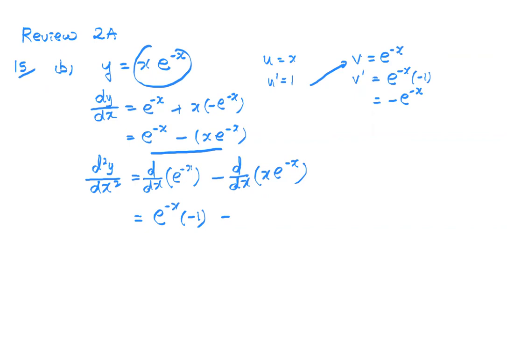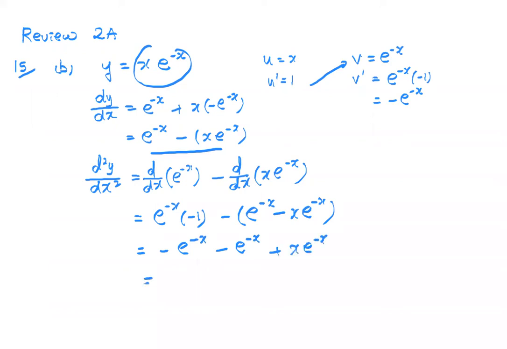So the derivative for this is e to the power negative x minus x e to the power negative x. Am I right? That is called second derivative. The first derivative, there are 2 terms. One of the terms is similar to y. See or not? So your answer will be negative e to the power negative x minus e to the power negative x plus x e to the power negative x.